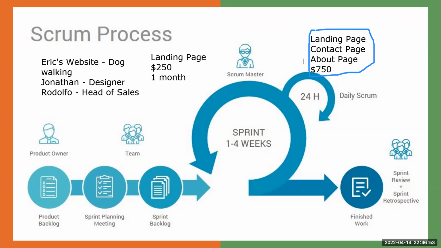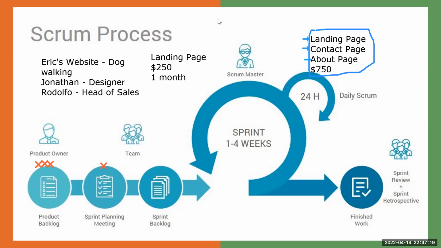All right. So over here, I'm just going to point with an arrow. This right here, contact, landing page, about page, is what is called our product backlog. So we had our meeting, the landing page meeting, and that was our sprint planning meeting.